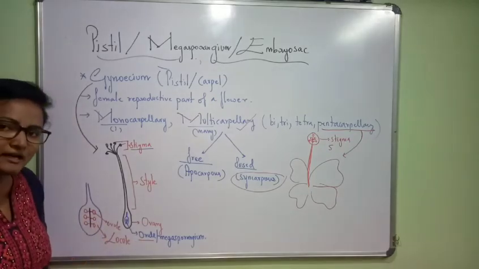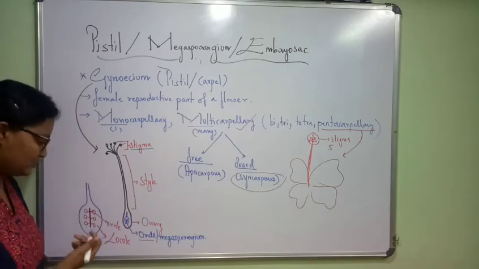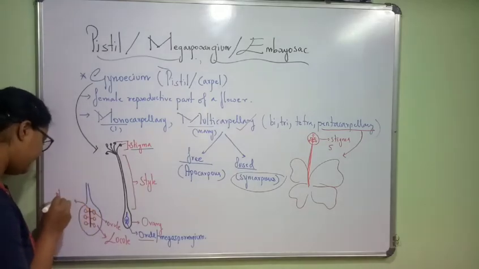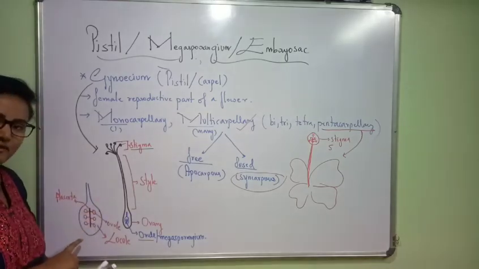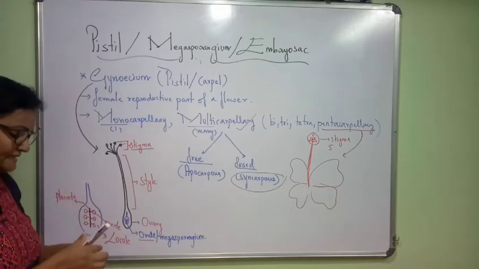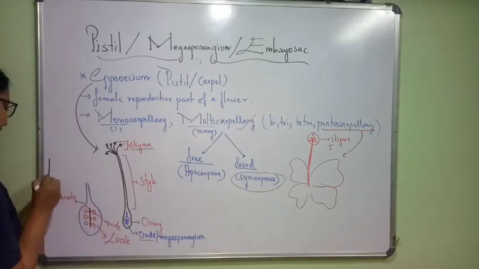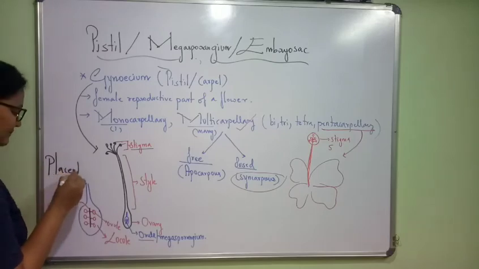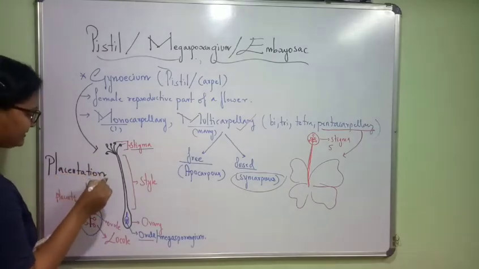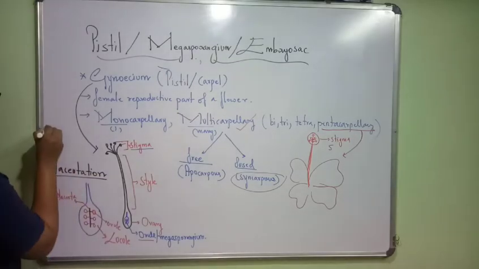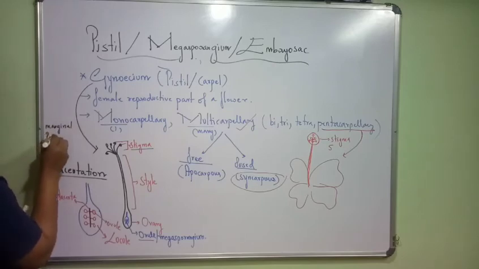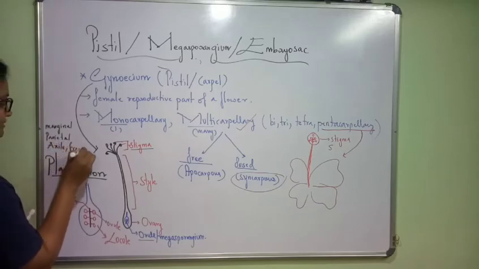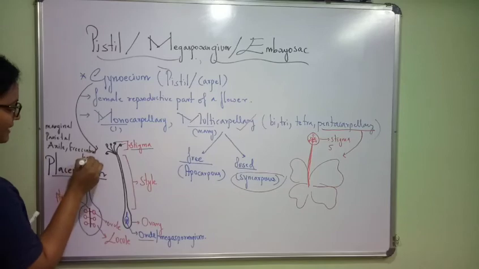And how are these ovules arranged? The ovules are always attached to the placenta. This arrangement of ovules within the ovary, based on the attachment to the placenta, we call placentation. Already we have studied different kinds of placentation. It may be marginal, like in peas, parietal, axile, free central, and basal.